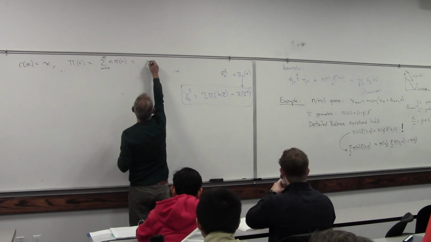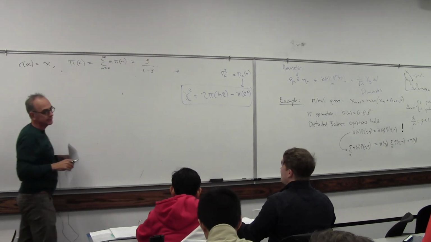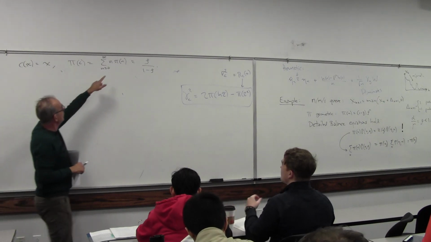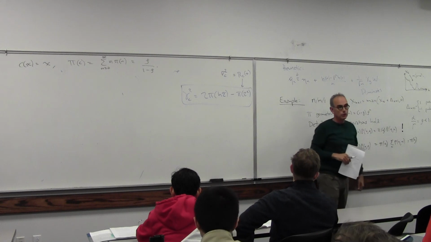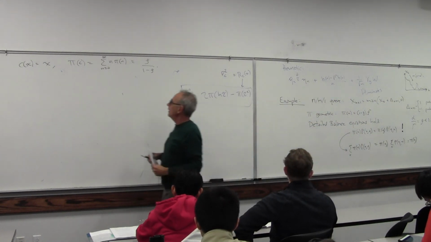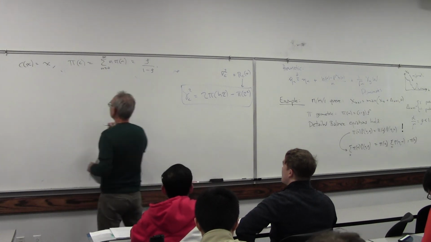Forget it. I'll give you the answer. It's rho over 1 minus rho. All right. Oh, yeah. So you can work that out. From this form, since pi of n is 1 minus rho times rho to the n, you can get the first moment. And then you can go through and try to compute the variance.